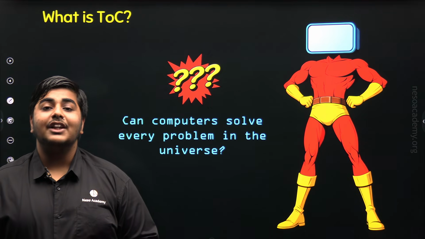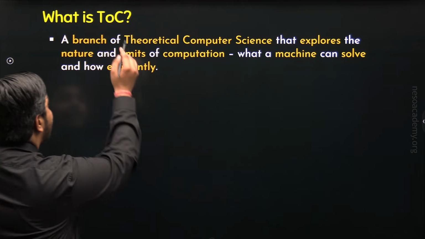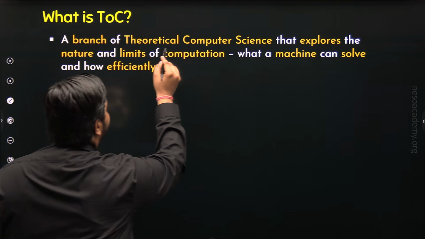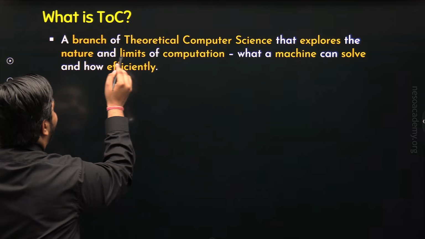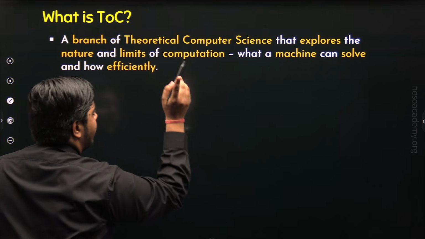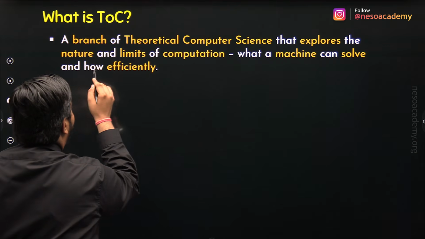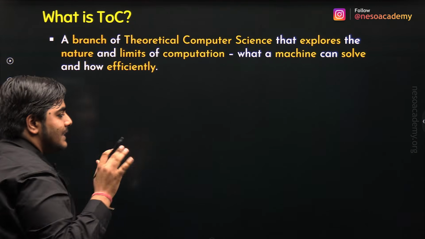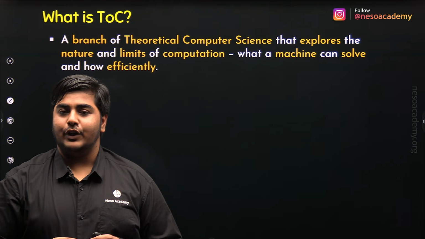So let's understand the formal definition of TOC. Here I have written, TOC is a branch of theoretical computer science that explores the nature and limits of computation. That is, what a machine can solve and how efficiently. Certainly a bookish definition, but I will decode it for you.